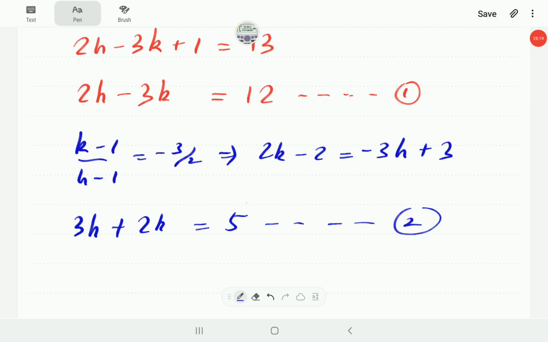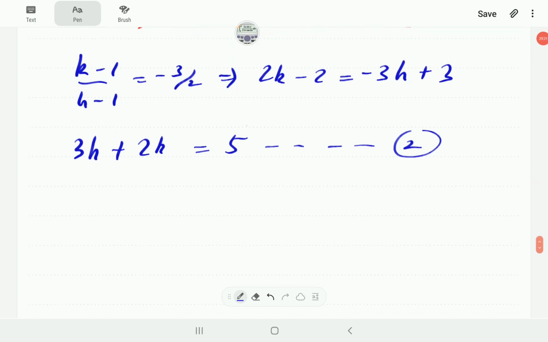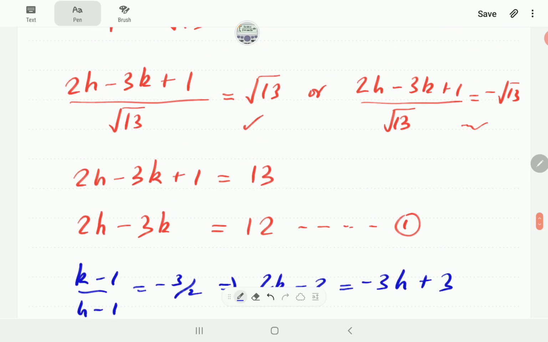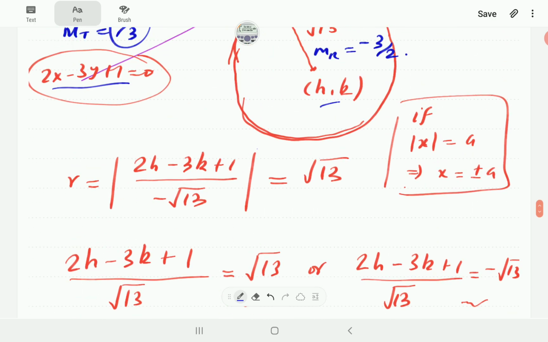And then if we solve these two equations simultaneously, we are going to get h equal to 3 and k equal to -2. Then once we know this, so here we've got 3, -2.